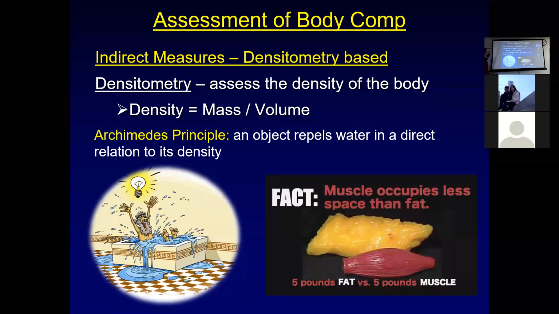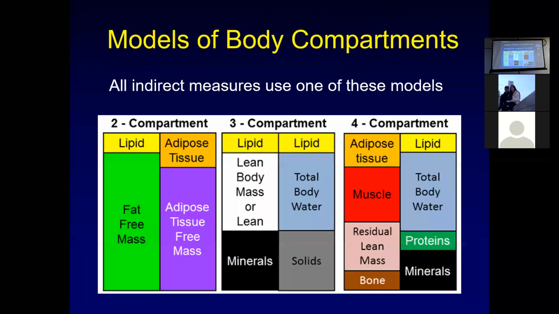Okay, so one other piece of information to keep in mind as we talk about body composition is how we're going to choose to compartmentalize what it is that you're made up of.